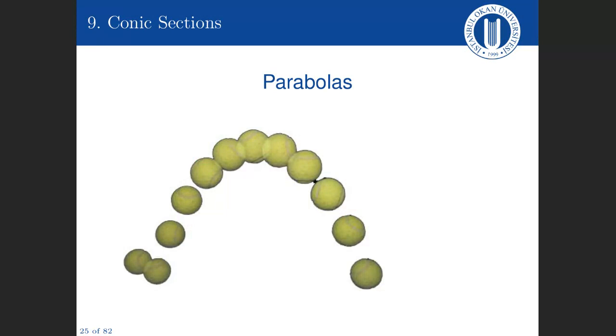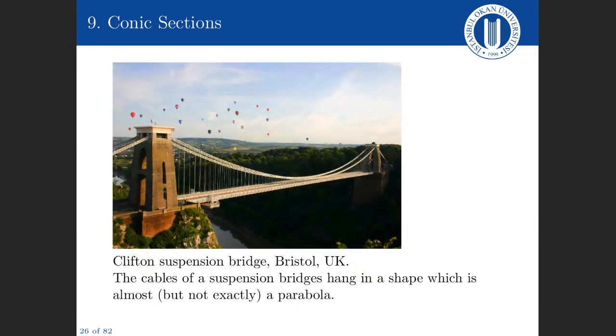First, I want to talk about parabolas. Where do we see parabolas? One place we see parabolas is if we bounce a ball. See what the curve of the bounce of the ball is. This is a parabola. Another place we see parabolas, or almost parabolas, is on suspension bridges.